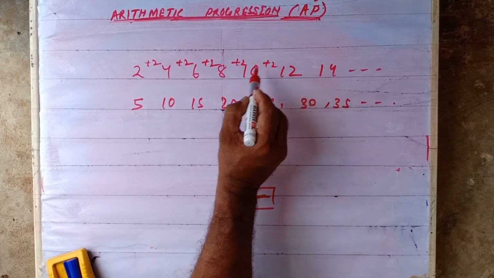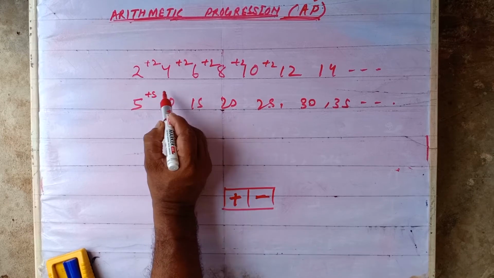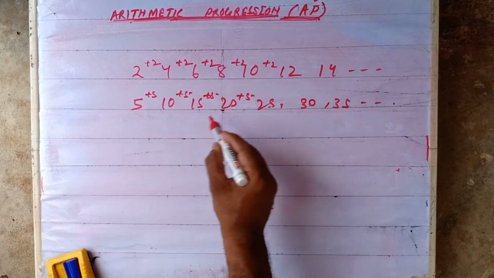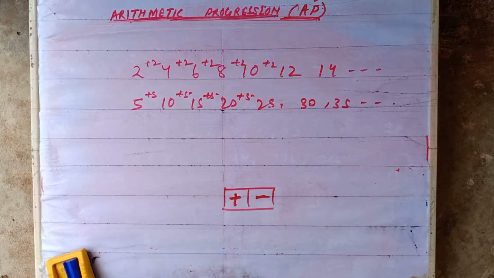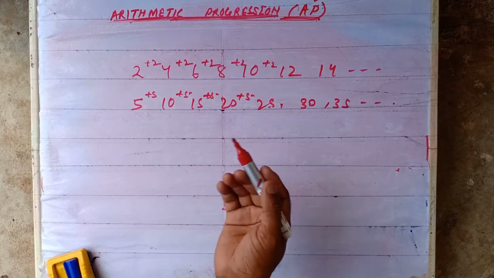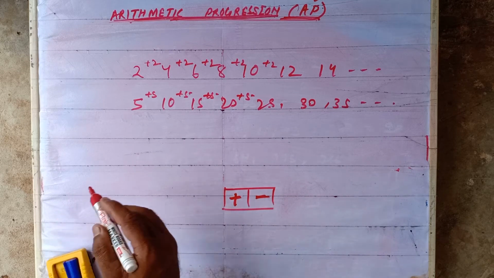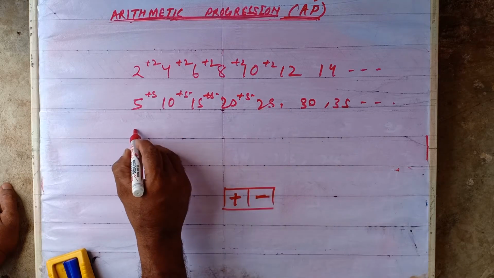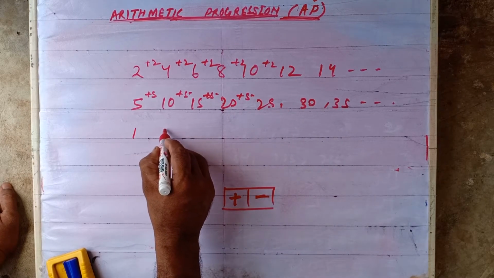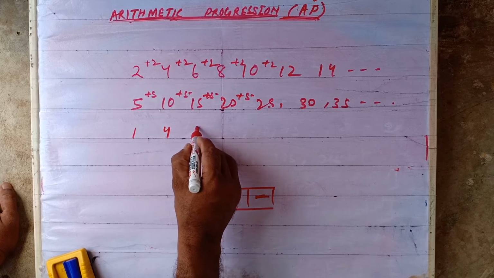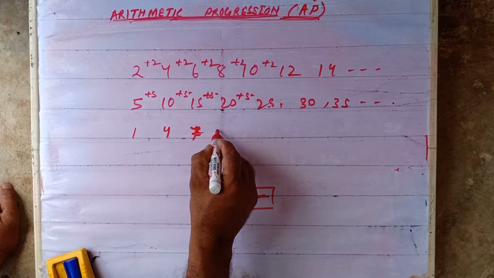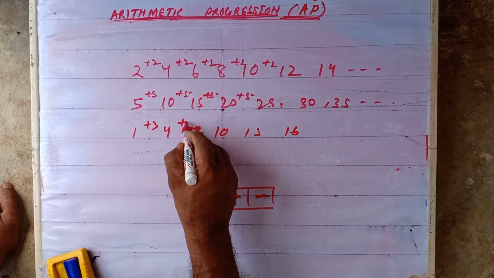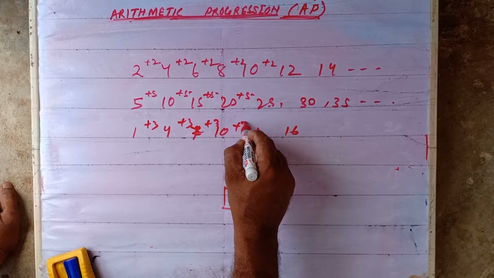In the second sequence, it is increased by 5 each time, added to the previous number. So these are called AP. You can write 1, 4, 7, 10, 13, 16 also, plus 3, plus 3, plus 3.